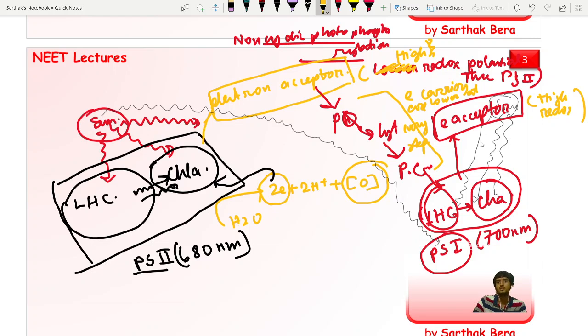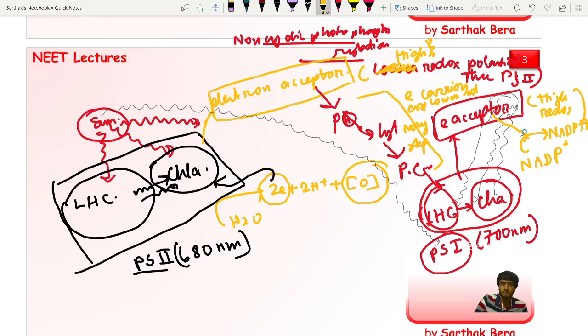So basically there is an electron acceptor, and this electron acceptor passes its electron, and here comes the NADP plus, and NADP plus on receiving electrons is reduced to NADPH.